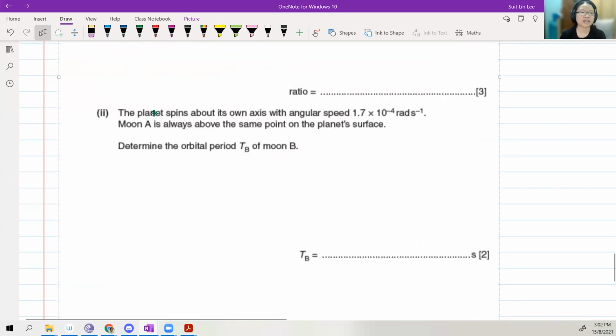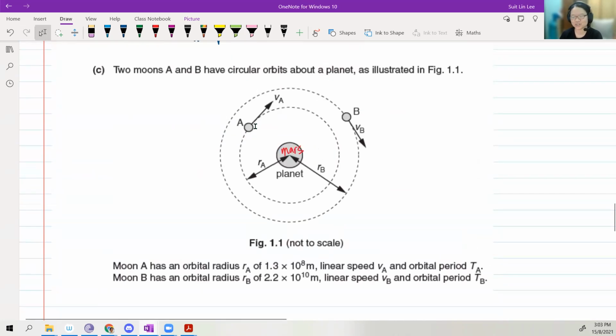And then the planet spins about its own axis with this angular speed. And then A is always above the same point on the planet's surface. Determine the orbital period of B. Oh, I know why in my brain I mapped this as an energy question, because I will ask students to transition in orbit.